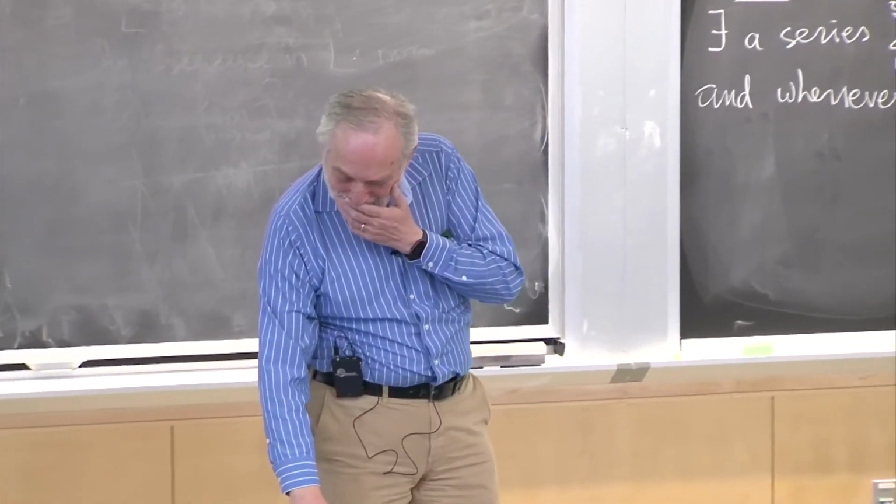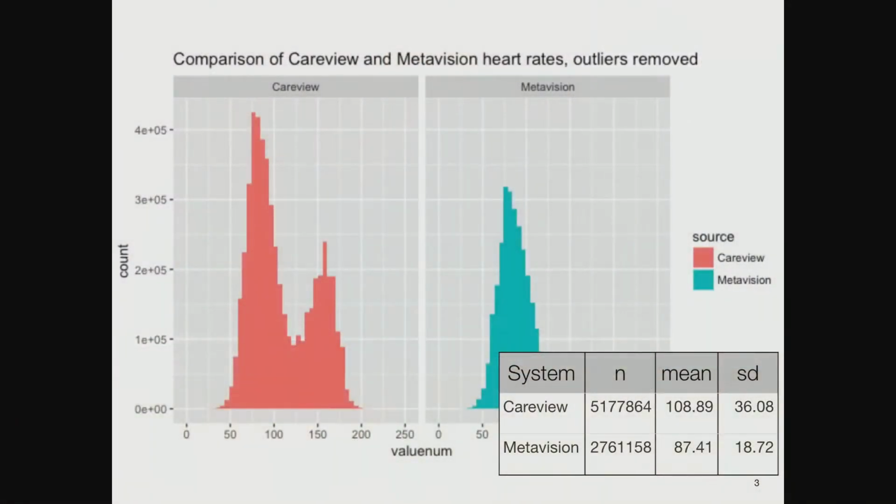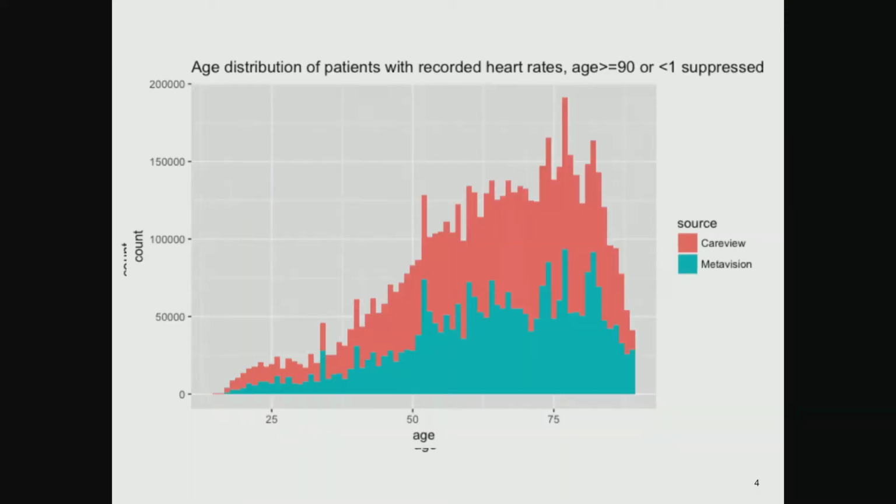So I said, interesting. So anyway, if you look at the statistics, you see that the mean heart rate in CareView is 108, and the mean heart rate in Medivision is 87. But of course, means are not that meaningful when you look at these bimodal distributions. So then I said, well, what if we just look at adults?